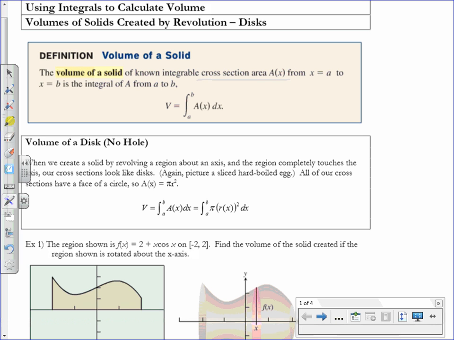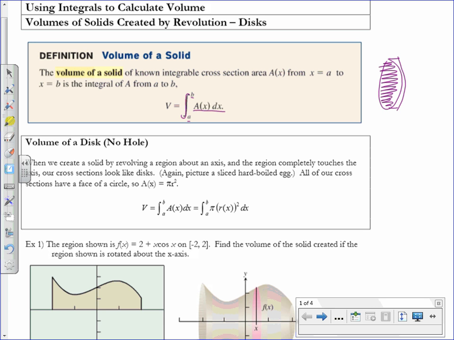All it's saying is when you take a cross-section and you get that cylinder, this would be the area in question, the cross-sectional area, that circle right there. So if I have a volume of a solid of known integrable cross-section area A of x from x equals a to b, the volume is the sum, or the integral, from a to b of A of x dx.